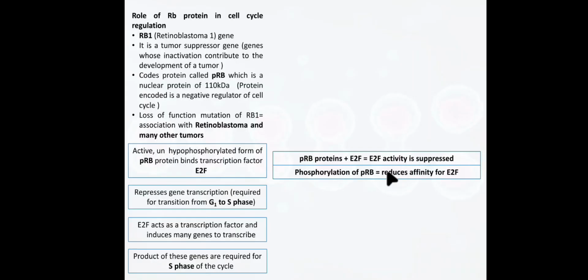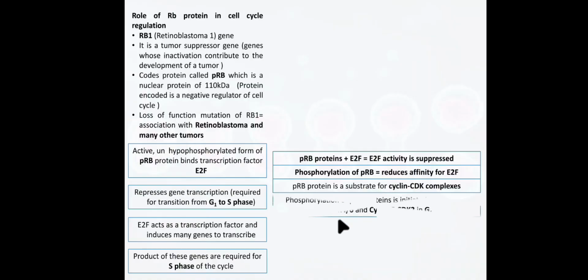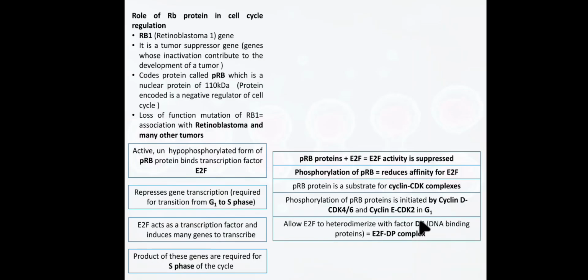Phosphorylation of pRB reduces its affinity for E2F, leaving E2F free to heterodimerize with DP. pRB protein is a substrate for cyclin CDK complexes, which phosphorylate it. Phosphorylation of pRB is initiated by cyclin D CDK 4/6 and cyclin E CDK2 in G1.